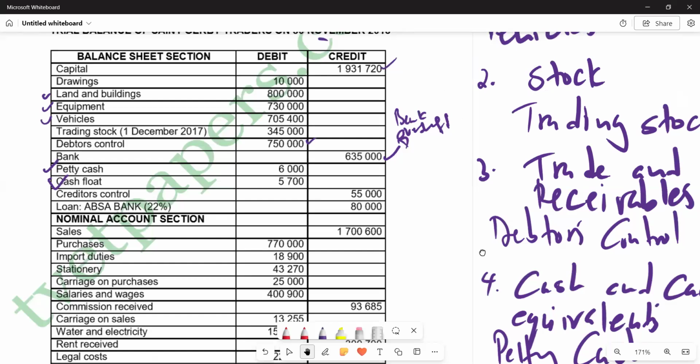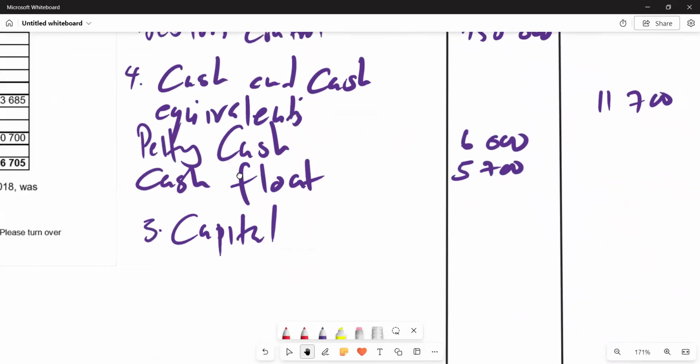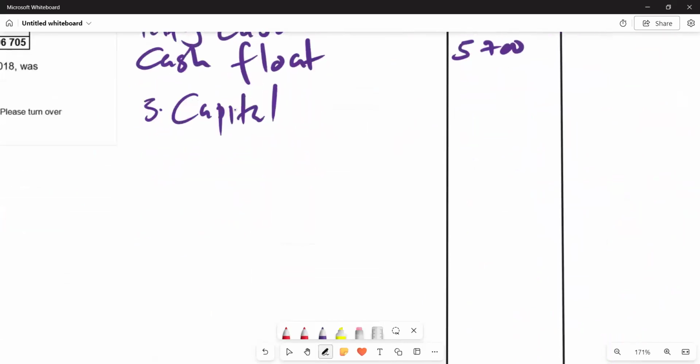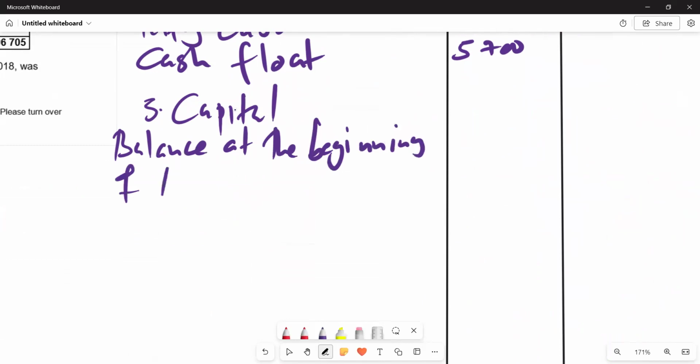So we come here and we are saying balance at the beginning of the year, and the amount that we have is 1,931,720, and we are supposed to add net profits.